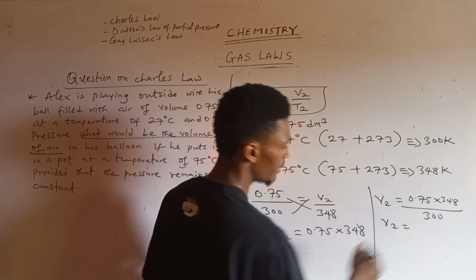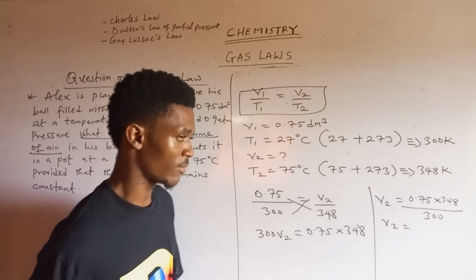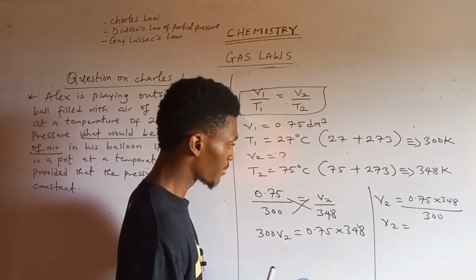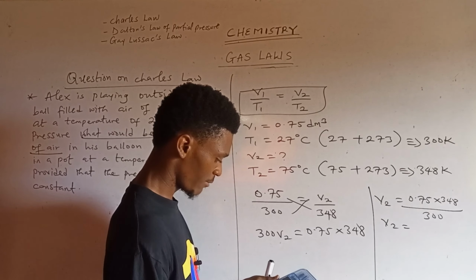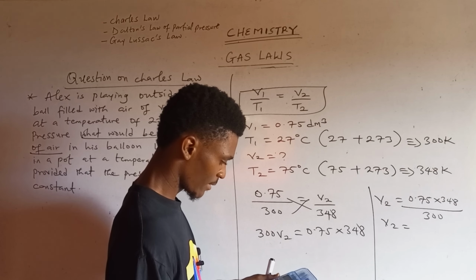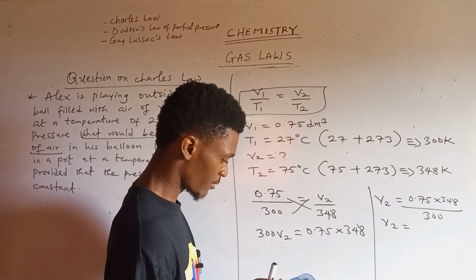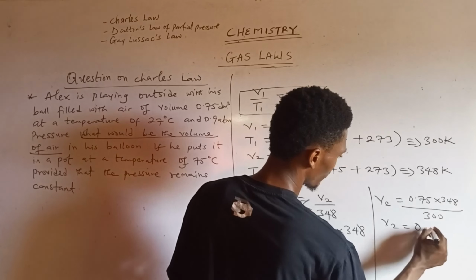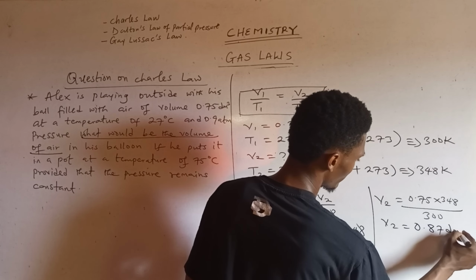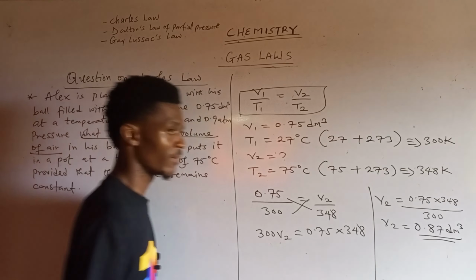So V2 would be, let's use our calculator for that. That becomes 0.75 times 348, then divided by 300. So this gives us 0.87 dm cube. So that's our answer.